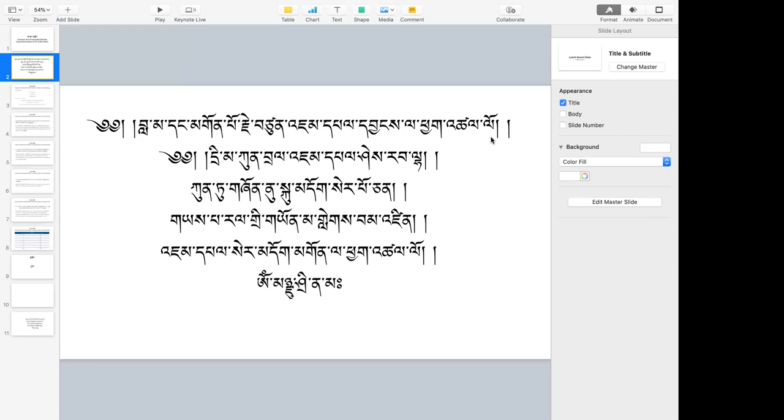Jampal Yang, Jam, which means the glorious, and Pel, which means the venerated or revered. Okay, so Lama Gonpo Jetsun Jampal Yang, I prostrate to you, O Manjushri.